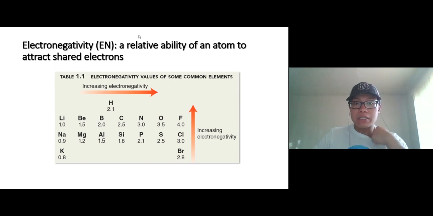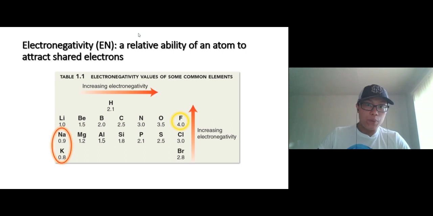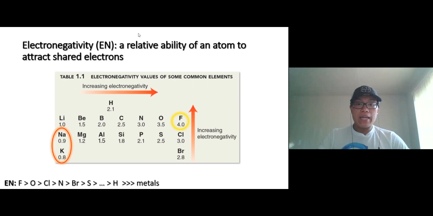If you still remember, the most electronegative atom in the periodic table is fluorine. And the further away from fluorine, the lower the electronegativity. So the top electronegative atoms are right here, and if you can memorize these, it will help you, instead of looking at the periodic table.